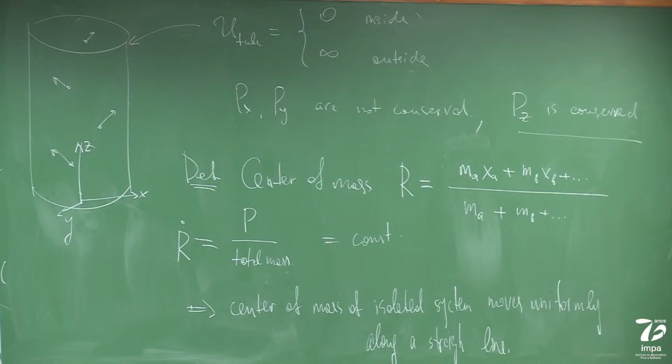Rotation is kind of not such a simple group, so it's hard to write a single expression for rotation, but you can always see rotations as a rotation with respect to one axis, a rotation with respect to a second axis, and a third axis. And with this combination, you can construct any rotation you like. And we will see that this will give us angular momentum.